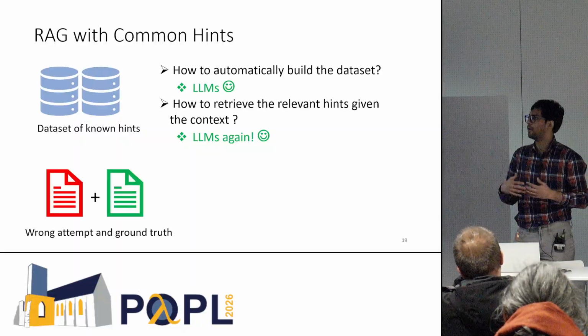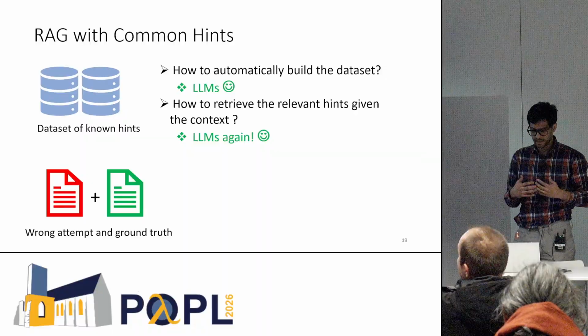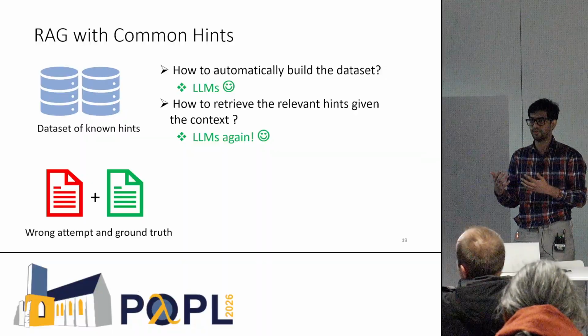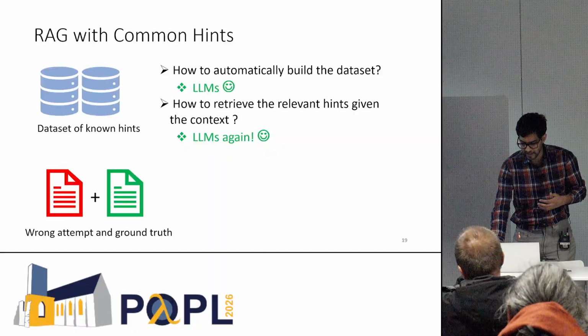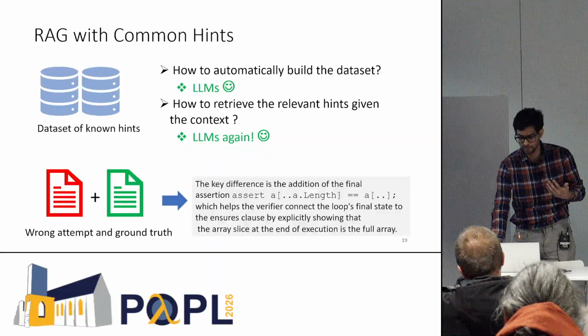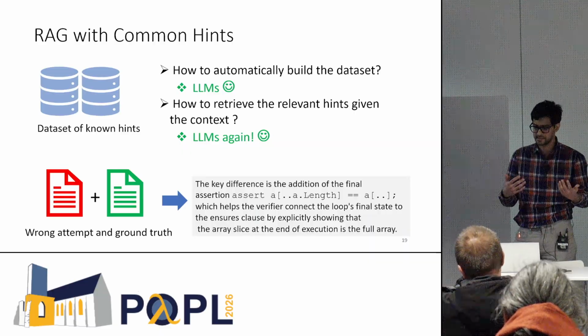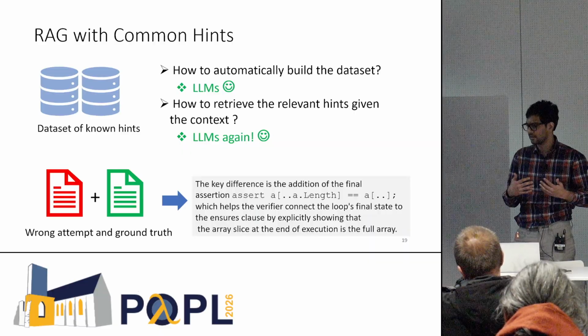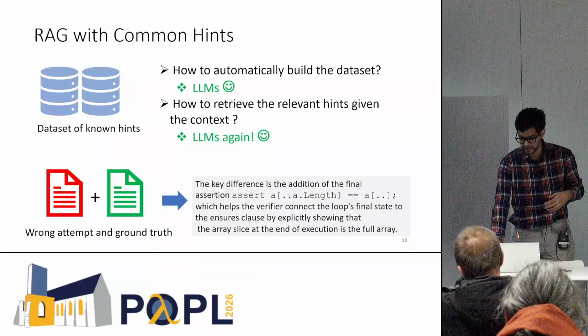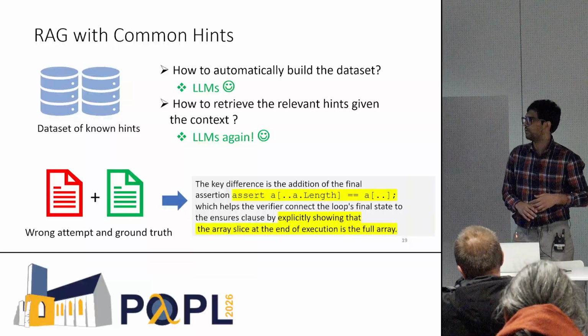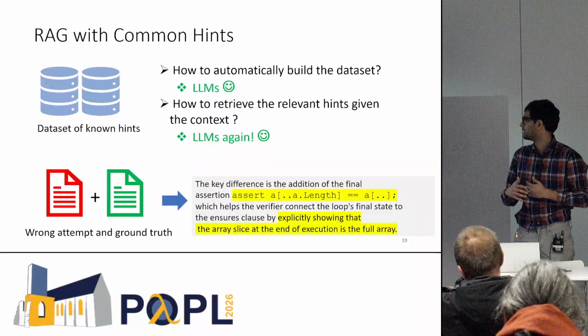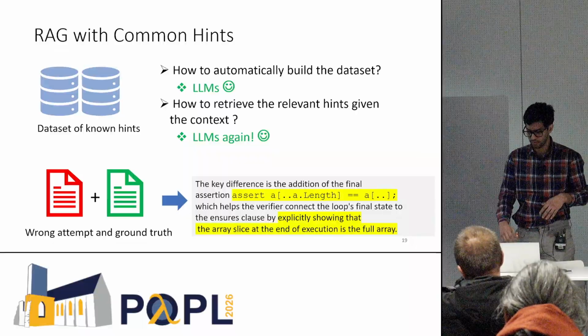For this, we also use LLMs. Given a wrong attempt and the ground truth, we can use the LLM to find what the missing bits were. For example, in the example I showed on the previous slide, it figures out what the missing link should be so that the proof can go over the line.